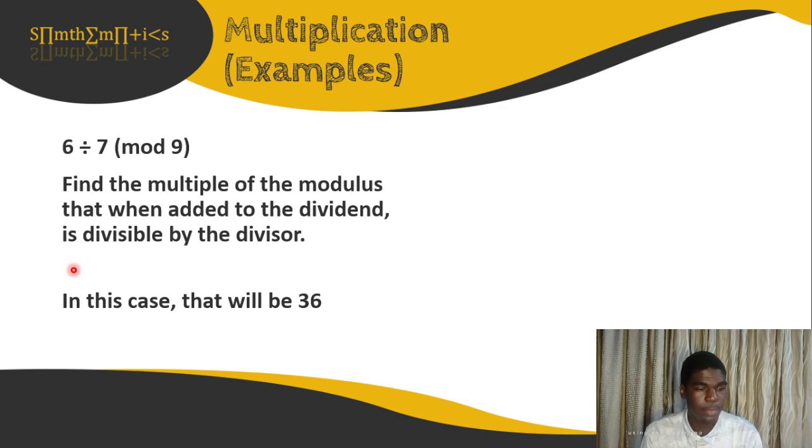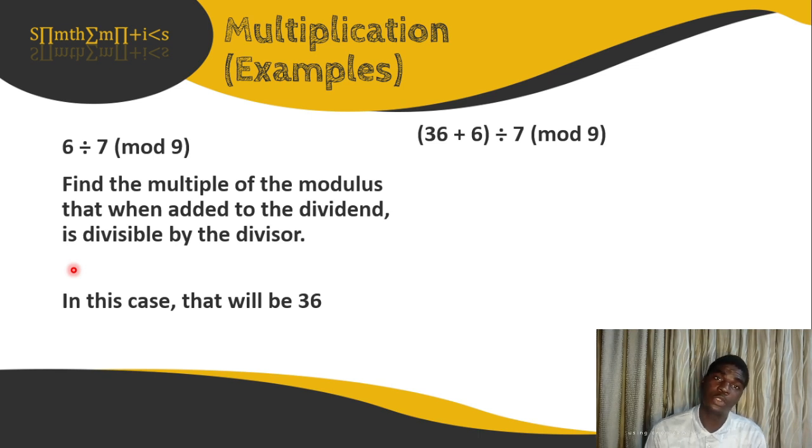After 27, we have 36. So 36 plus 6 gives you 42, and 42 is indeed divisible by 7. So moving further, we can now say 36 plus 6, because you add it to the dividend, then you divide it by the divisor.